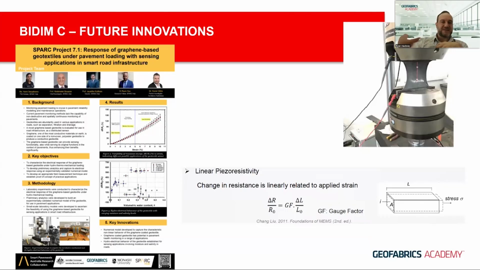So that could be detecting number of car passes, or detecting any defects in the road, or detecting sinkholes, for example. And that's related to this piezoresistivity. So as the material is strained, that then results in a change in measurable resistivity.